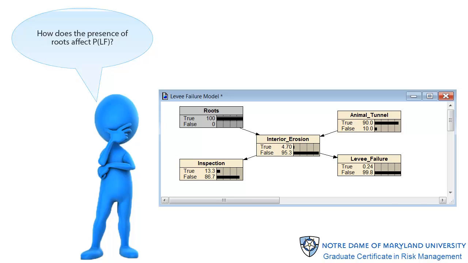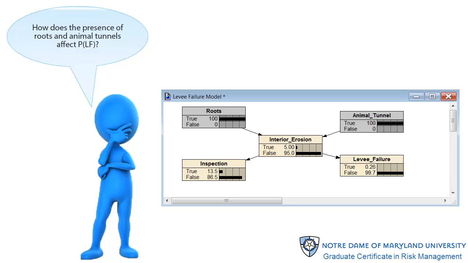Notice that the probability of levee failure has increased from the 0.18% I asked you to remember to 0.24%. So knowing that there are roots present changes the probability of levee failure. It changes the other probabilities as well, but we'll just be focusing on the levee failure in the next few slides.